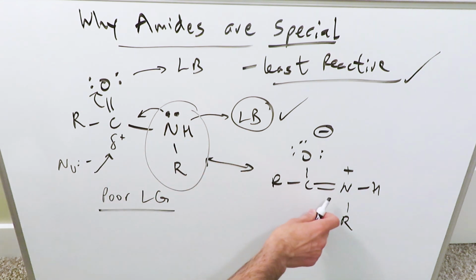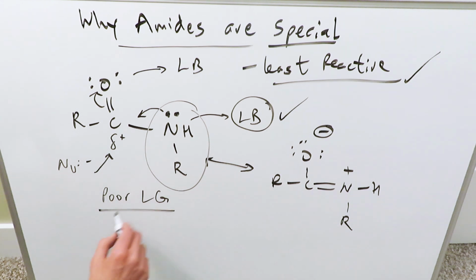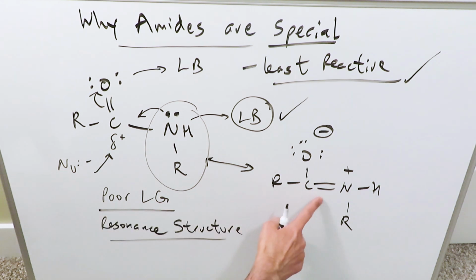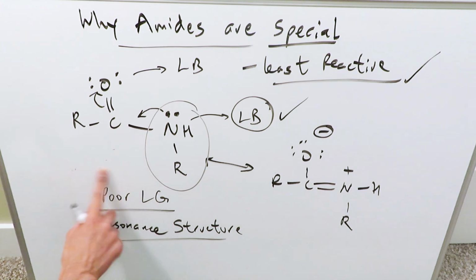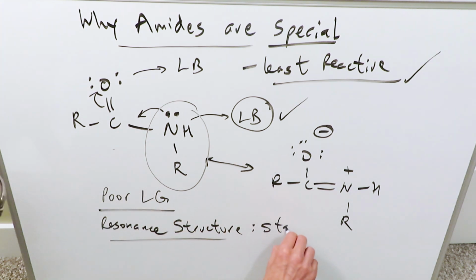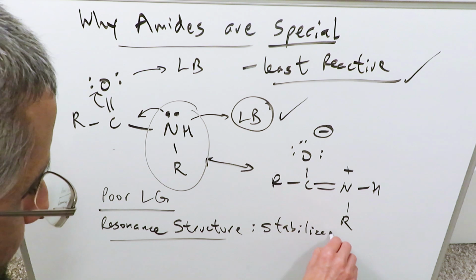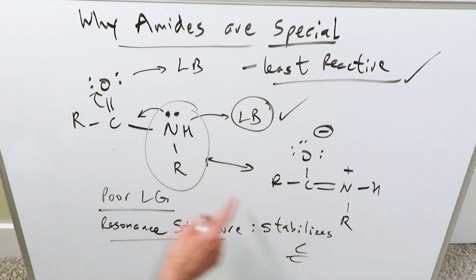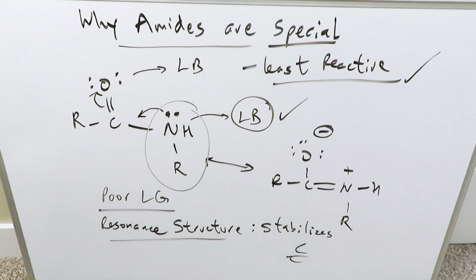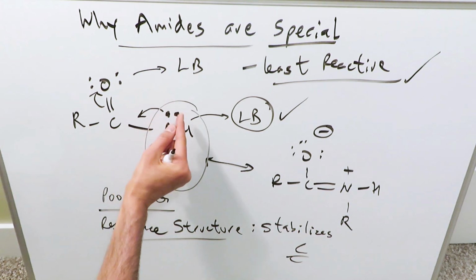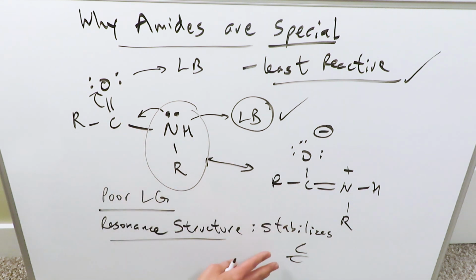I've already shown you the resonance. The other thing is this resonance structure that you're seeing. What it ends up doing is eliminating this charge deficiency, and it stabilizes carbon, and it ends up making it less reactive. By stabilizing the carbon atom, you've made this a poor electrophilic site, and a nucleophile is not likely to come over here. The resonance structure, the two electrons, the lone pair of nitrogen, will stabilize this carbon by means of its resonance structure.